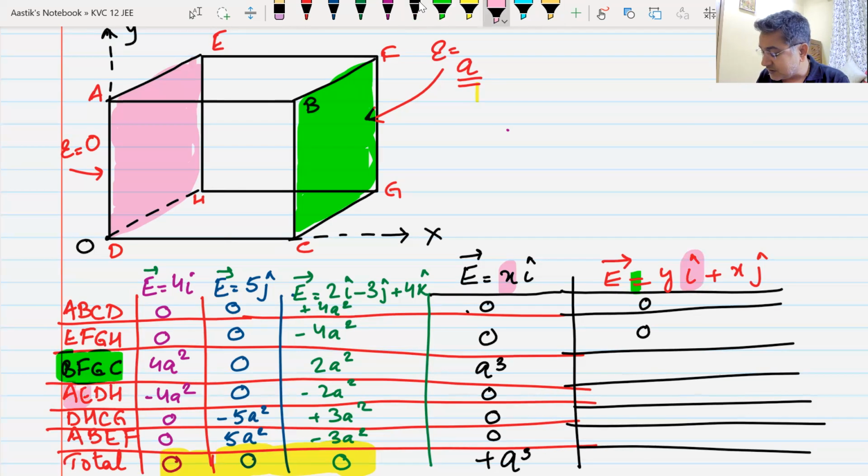These are the only two surfaces which will come with this i thing. Okay. Now the problem is the field is variable. The field is along i, that's the direction. Now it varies along Y.